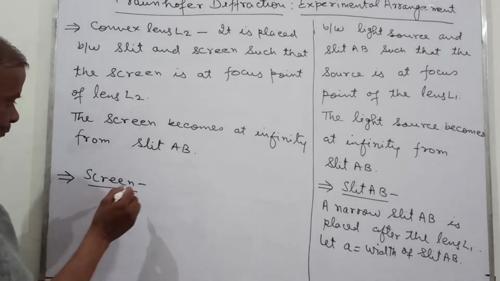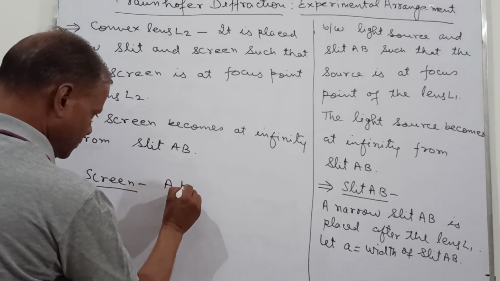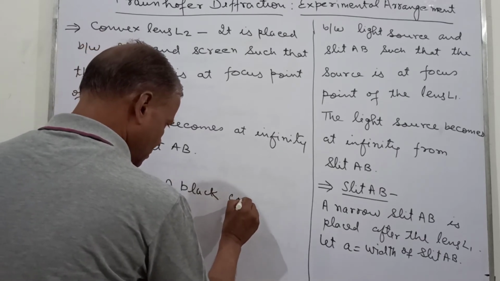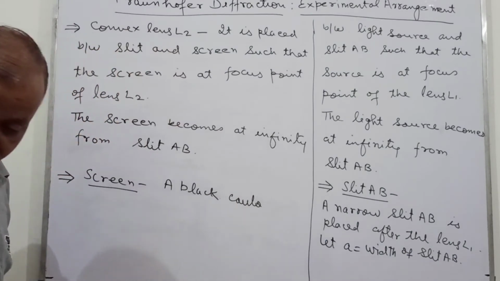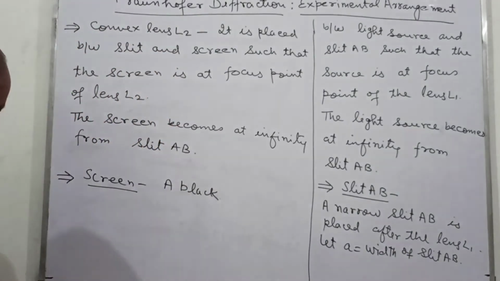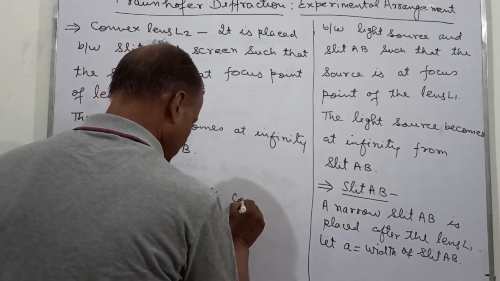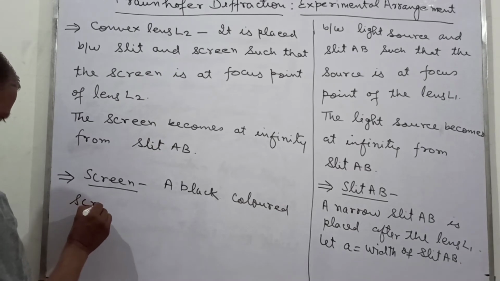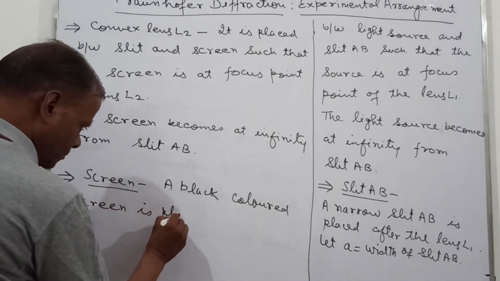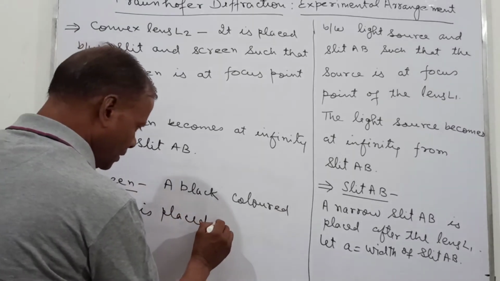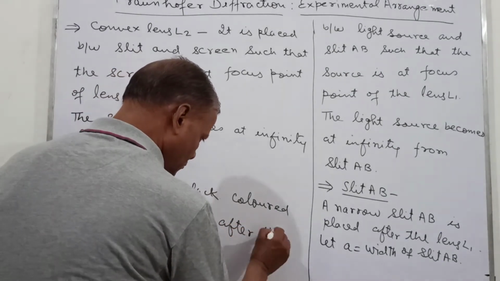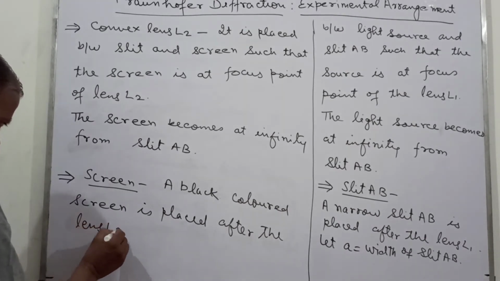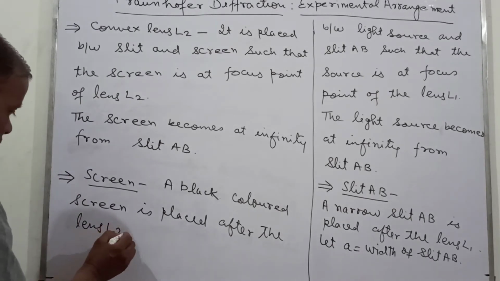Screen. A black colored screen is placed after the lens L2, and it is at the focus of lens L2.